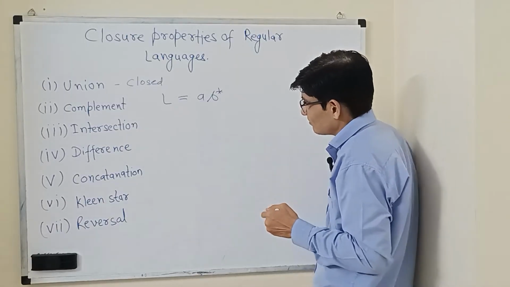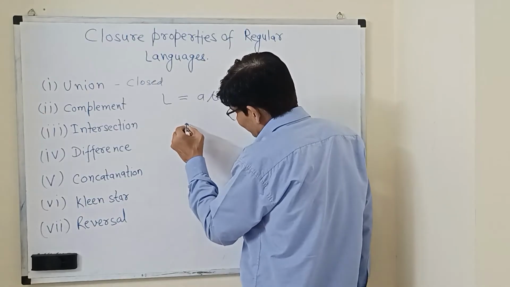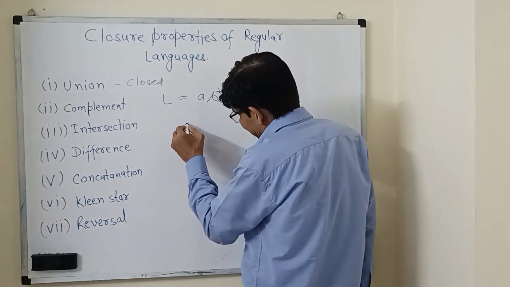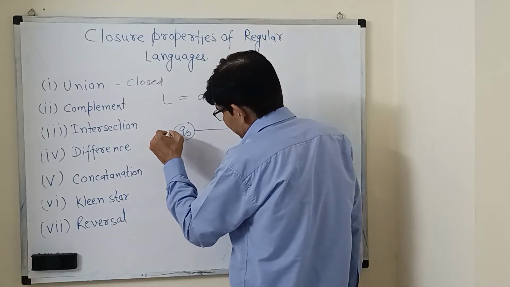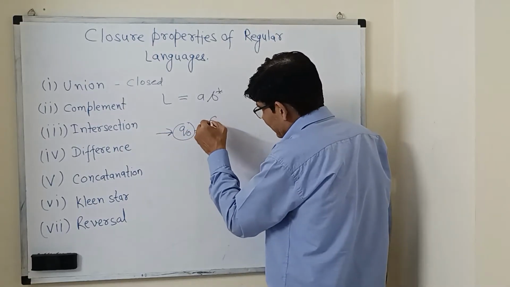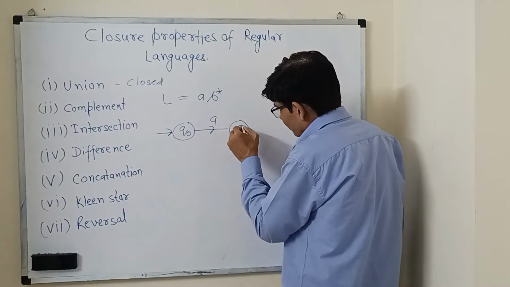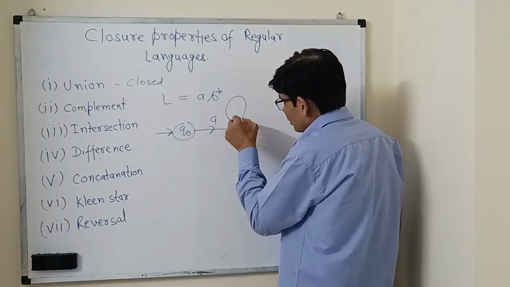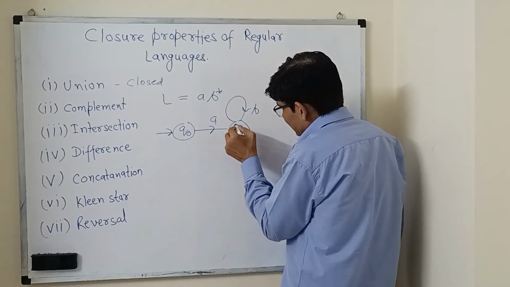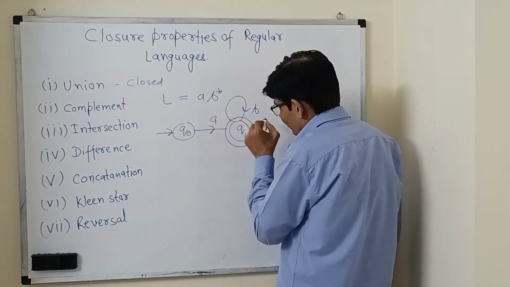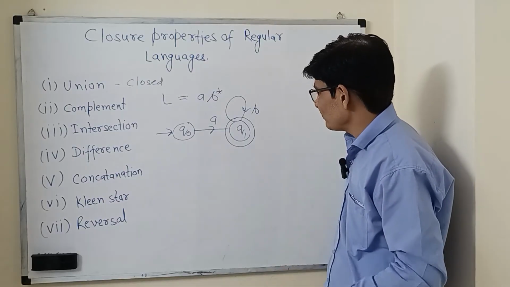So I can create a finite automata for this language as Q0, which is our initial state, then on A we will move to Q1, and on Q1 we can have a self loop of B, and that Q1 would be the final state.